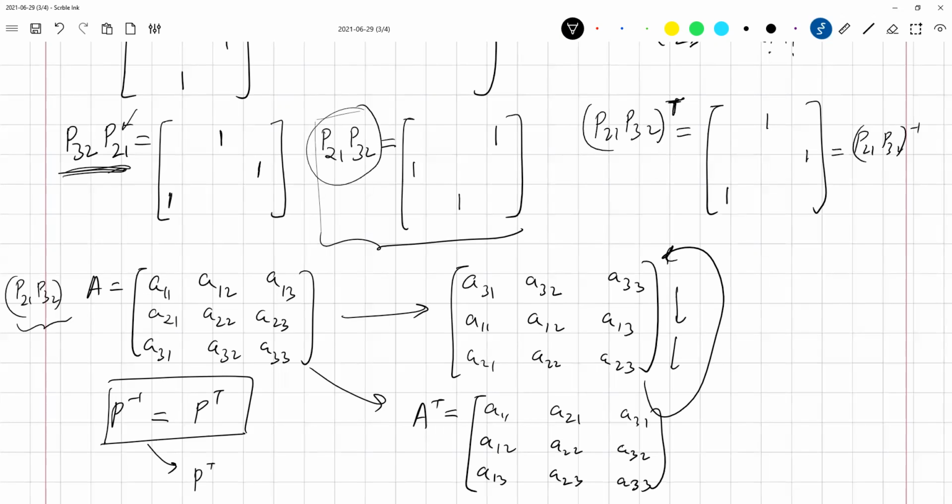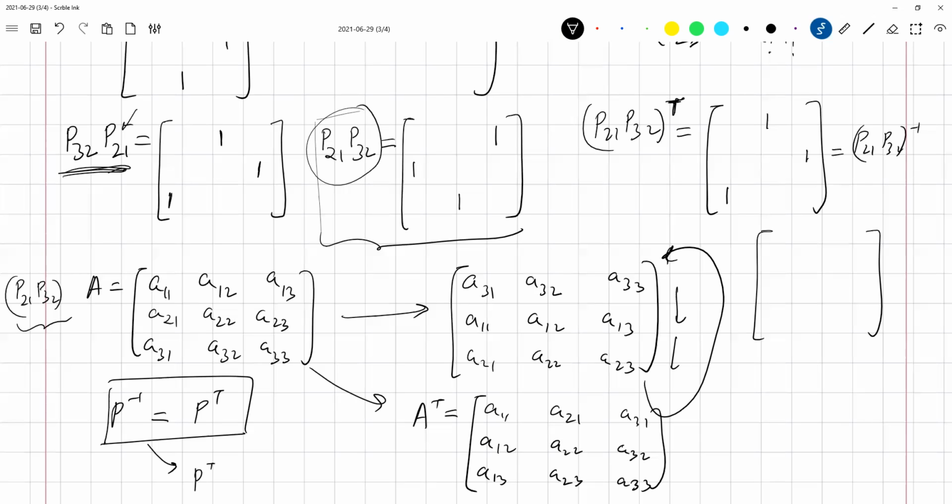So let us do first row, first column. What do I get? First row, first column. What do I get? 0 times 0, 0 times 1, 0 times 0, and then 1 times what?